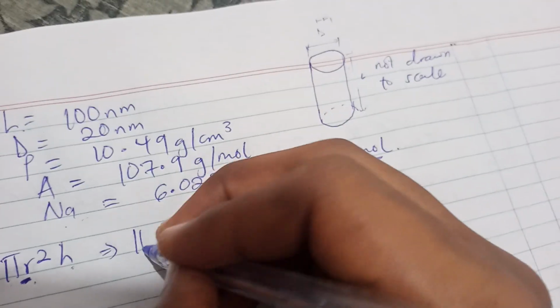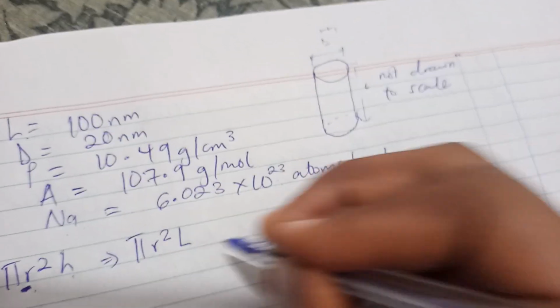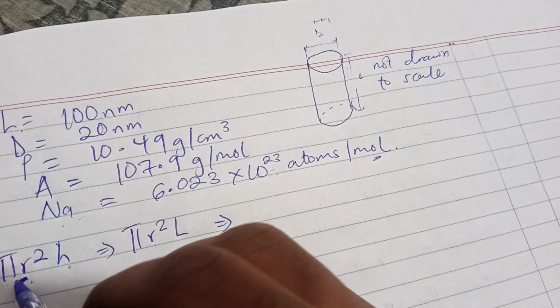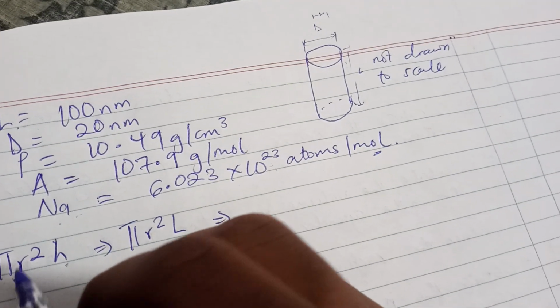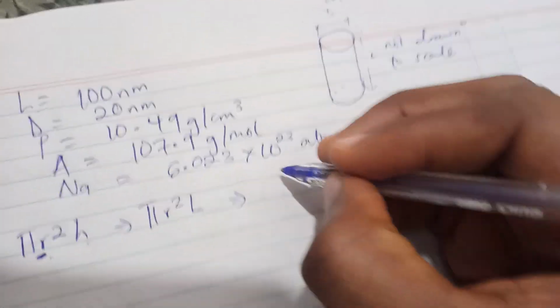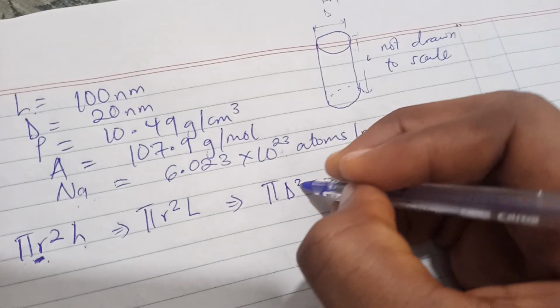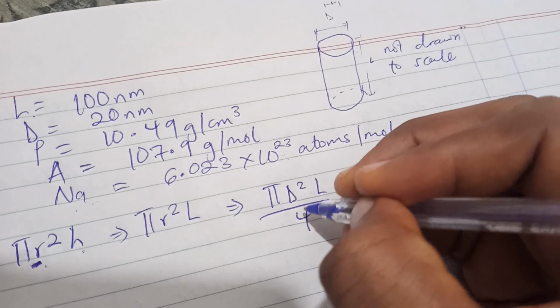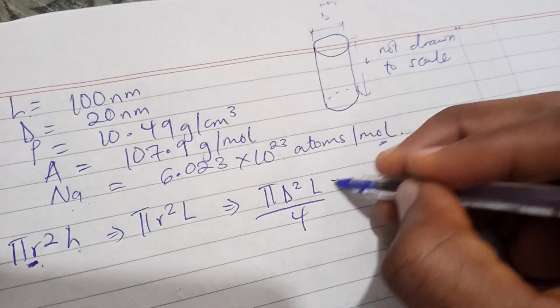Any way you go about it will do. So you can write this as pi r squared L, or if you want to go with the diameter given in the question straight away, then you can do pi d squared L over 4. Okay, this is the same thing.